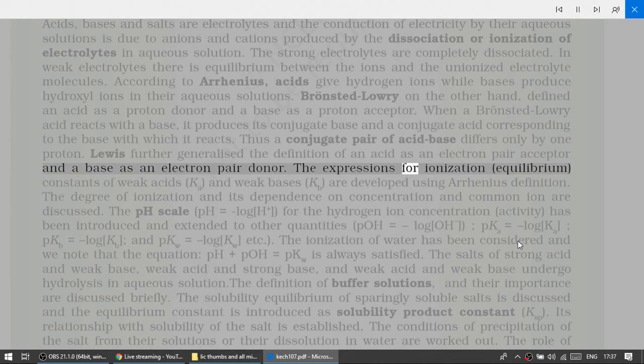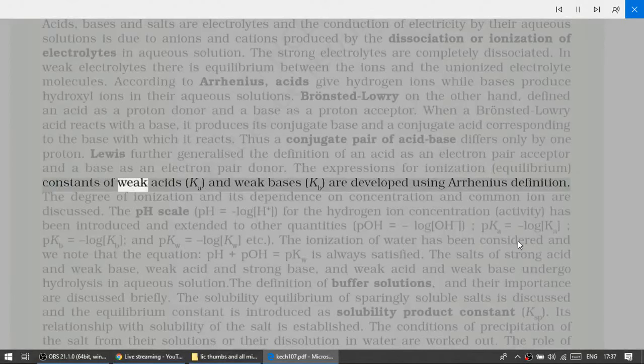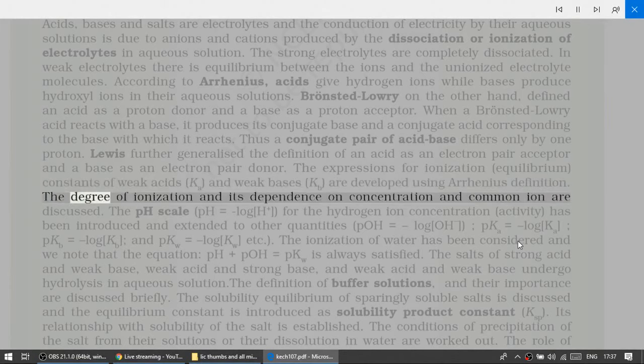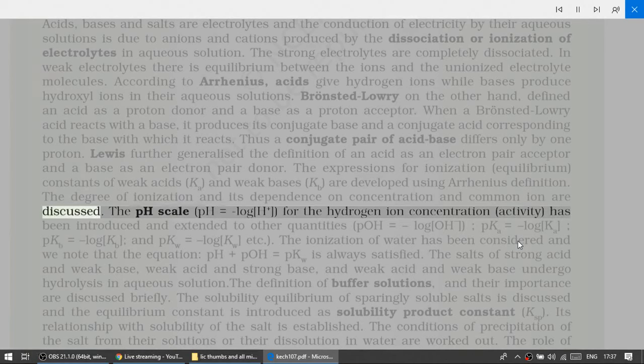The expressions for ionization equilibrium constants of weak acids, Ka, and weak bases, Kb, are developed using the Arrhenius definition. The degree of ionization and its dependence on concentration and common ion are discussed.